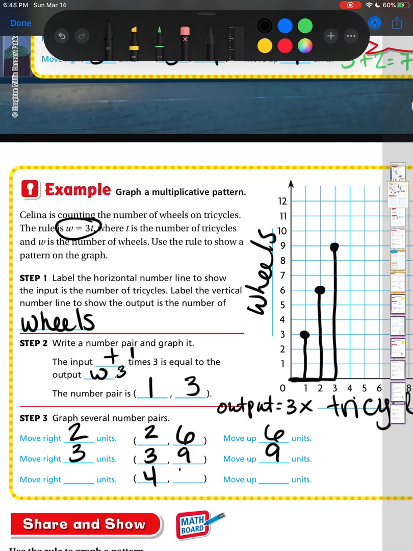That means 4 would be our input and 12 would be our output. We would move to the right 4, and then we would move up 12. And that would be our graph. If we wanted to draw a line through it, we could just draw a line through, just like that. Looks kind of like a roller coaster.